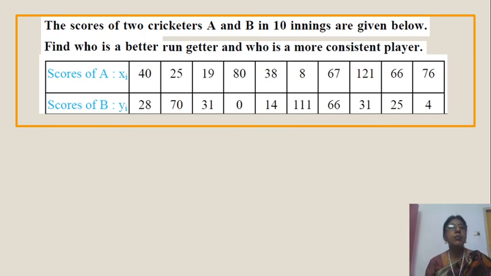Okay, see the next problem. Same kind of problem. The scores of two cricketers A and B in 10 innings are given below. Find who is the better run getter and who is a more consistent player.